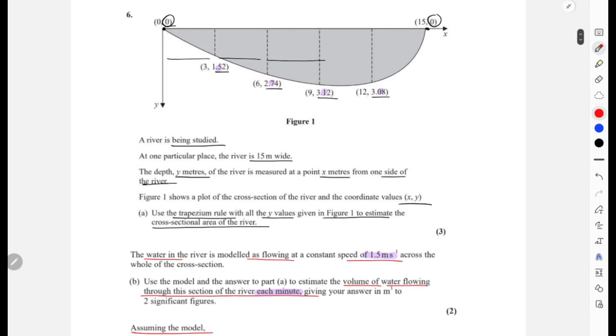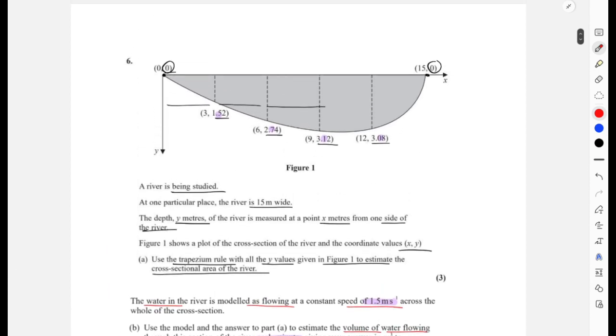So you have to think about this: you are approximating all these shapes over here as trapezia, right? And for the trapezium, you're actually crossing out these sections. In order to draw a trapezium, these sections are not taken into consideration.